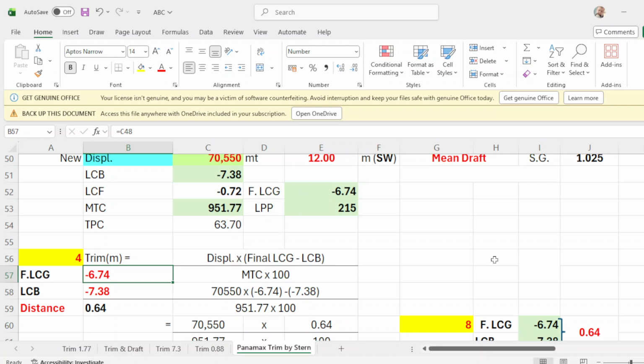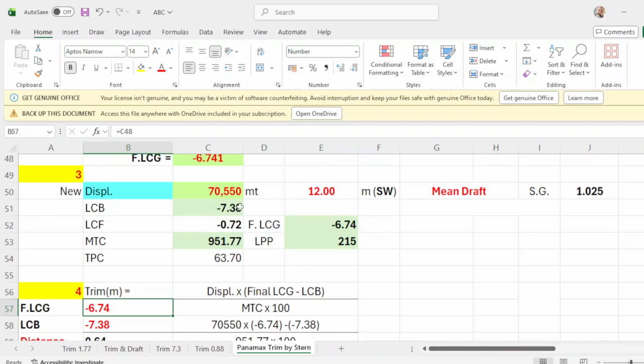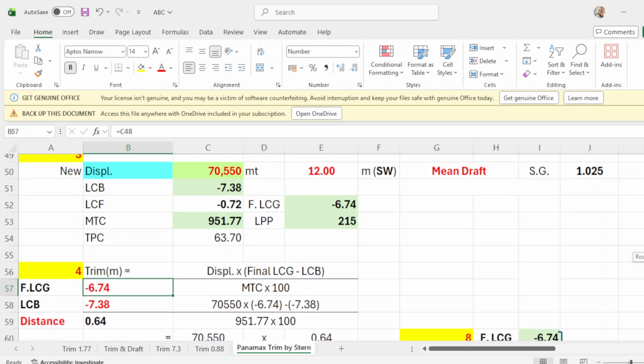So this is the formula: displacement times final LCG minus LCB over MTC times 100. Displacement is 70550 times your final LCG of negative 6.74 and your LCB is negative 738, okay? Over your MTC of 95177 times 100.